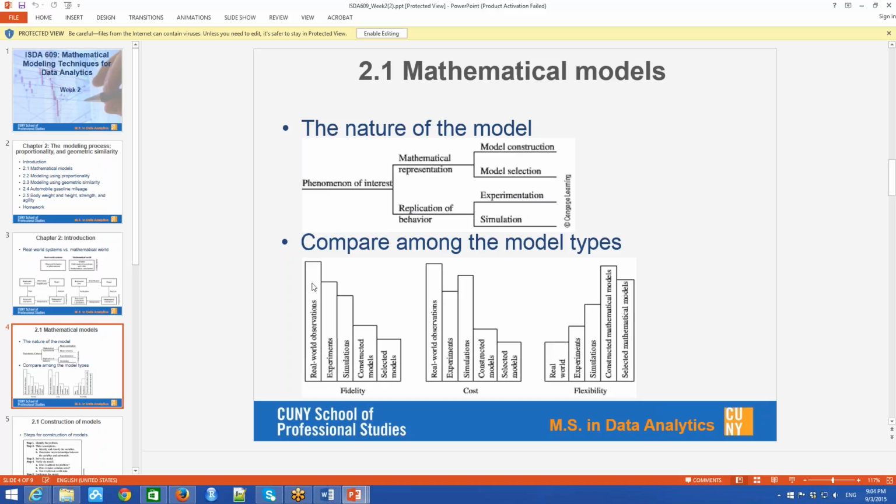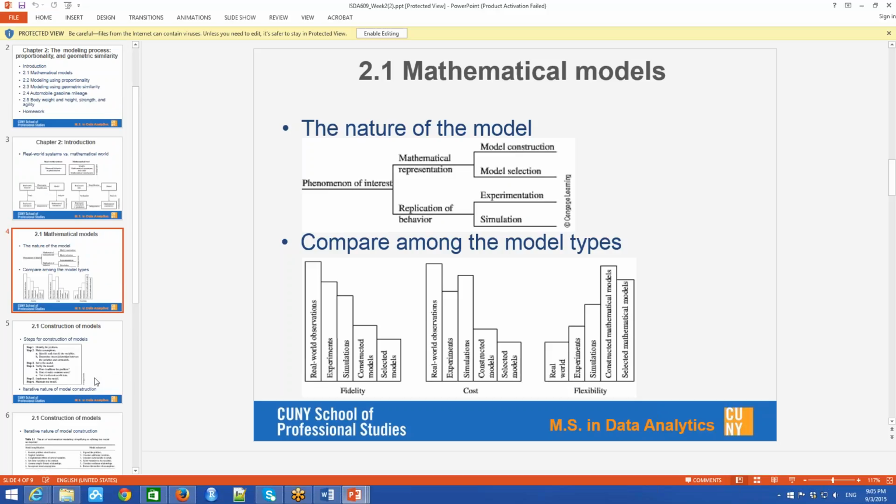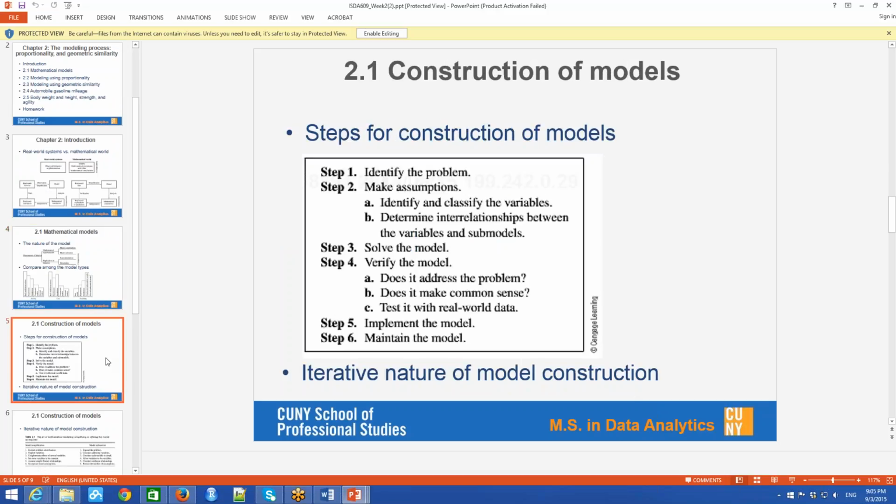Fidelity of real-world observations is apparently very high, but cost of real-world observations is high as well. On the other end, flexibility of real-world observations is not as good. But on the other end, some mathematical models can really do a good job on flexibility. Okay, so that gives you some perspective on why we need mathematical models to model real-world problems.